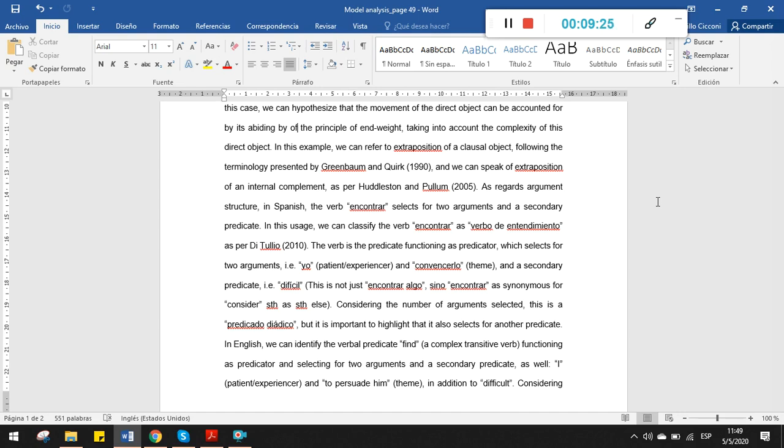In English, we can identify the verbal predicate find, which we have already classified as complex transitive verb, functioning as predicator and selecting for two arguments and a secondary predicate as well: I, with the theta role of patient or experiencer, and to persuade him as theme, in addition to difficult.